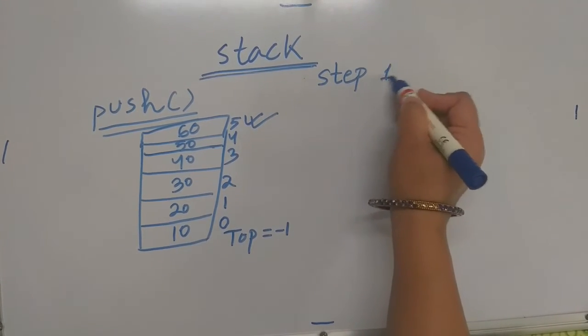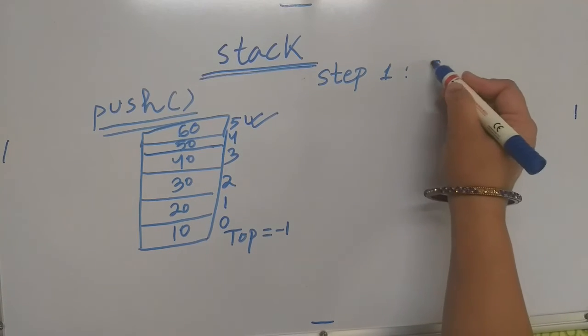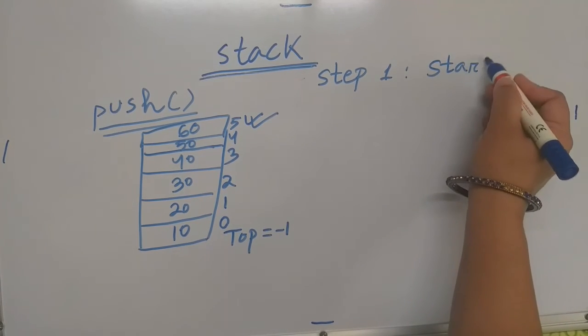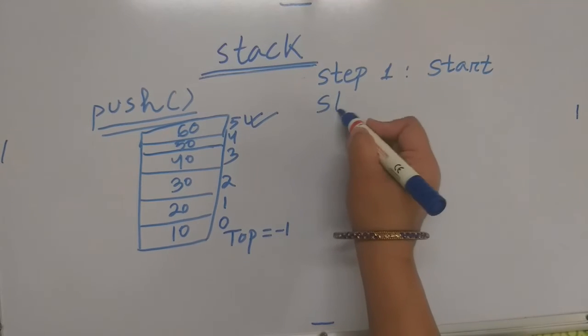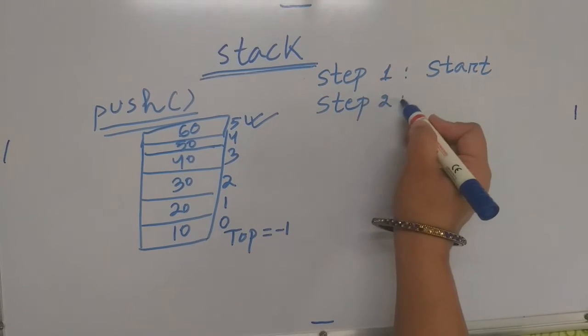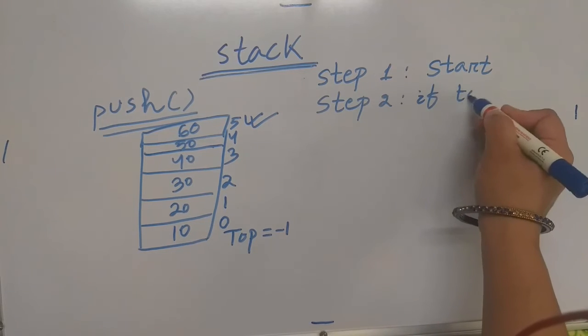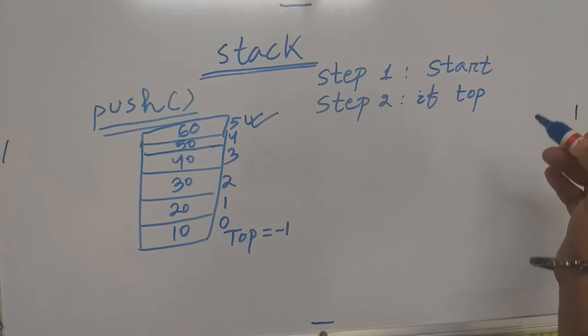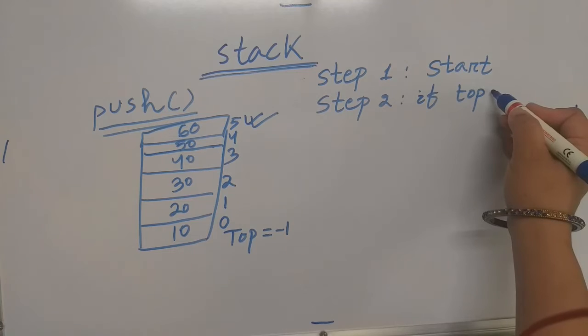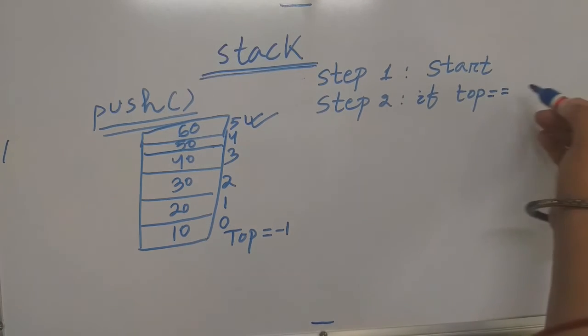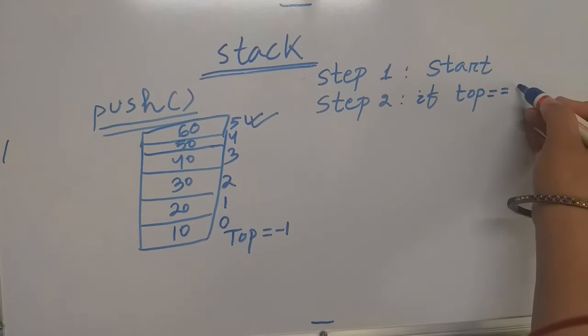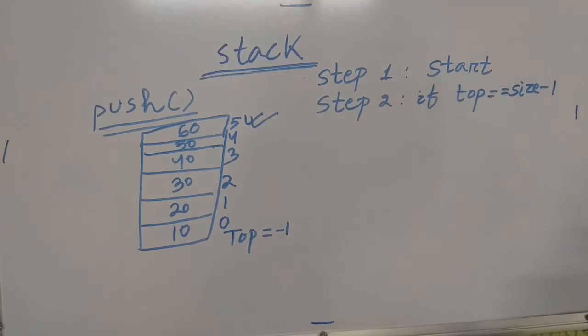Step 1: start. Step 2: we write down that if top is equal to either max minus 1 or size minus 1, whatever it may be.